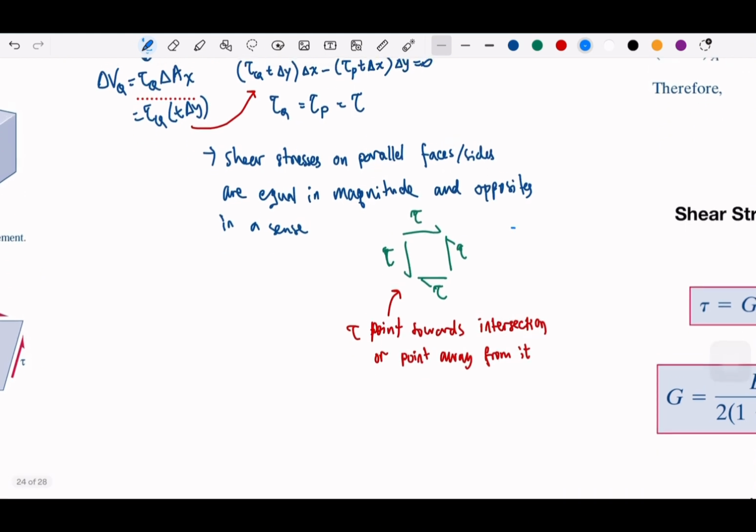We could also write something like this, in the opposite direction, but we are still considering the tau will be the same. So we call this pure shear. Okay, pure shear.